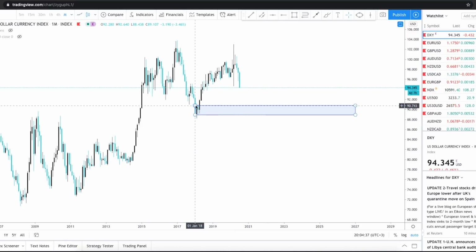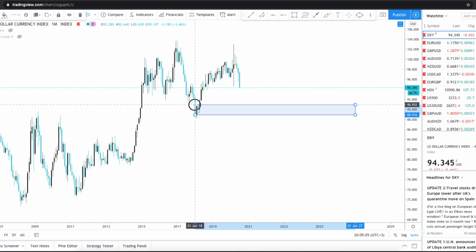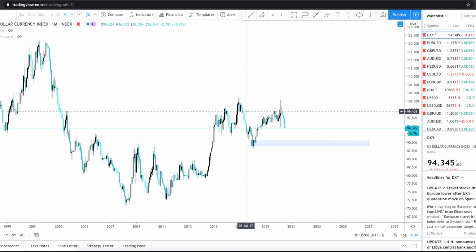So we can label this area as an area of focus, because I'm expecting the US dollar to fall all the way to this area right here before it can start reversing. Now this can take a lot of time. This is on the monthly time frame, and this could also take just a couple of days, you know.